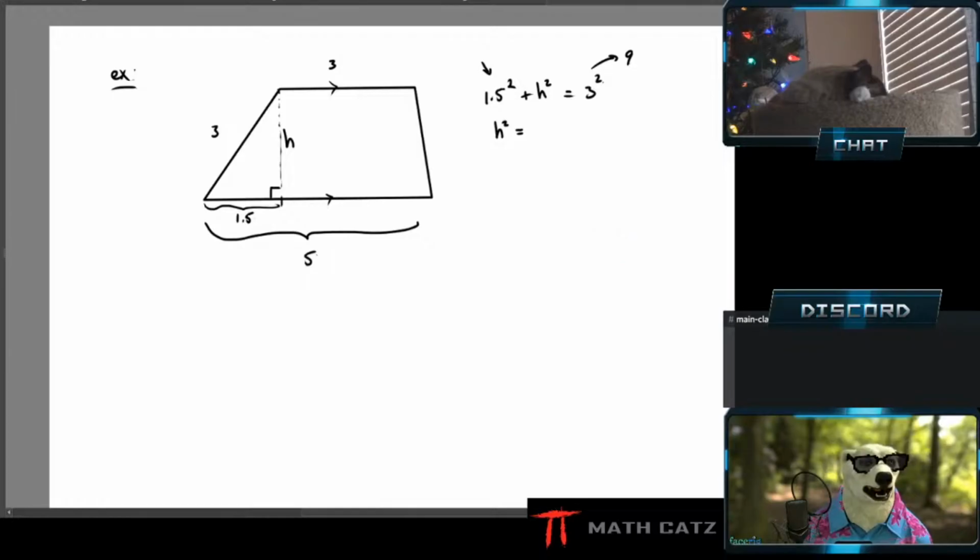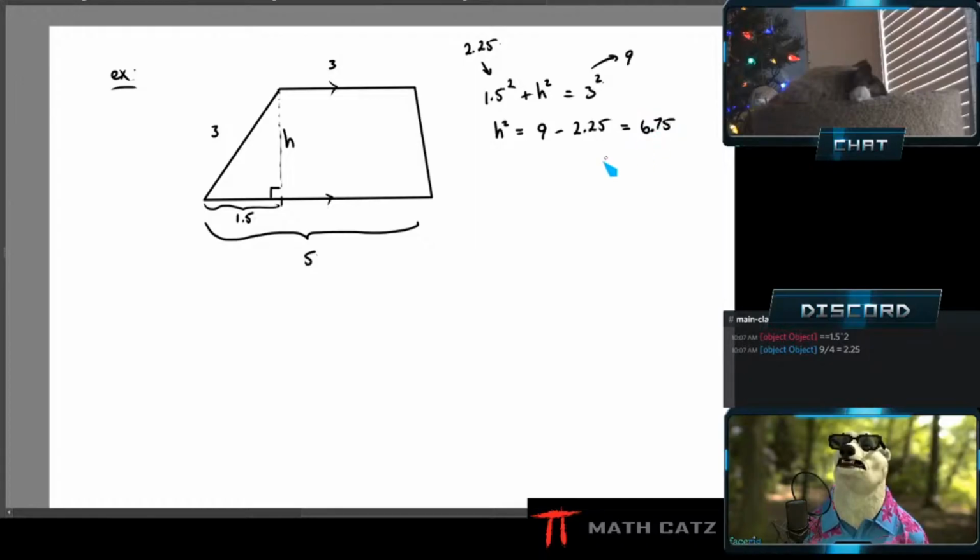Let's double check. Yep, 225 with a decimal, of course, 2.25. So I have 9 minus 2.25 there. That should be 6.75.